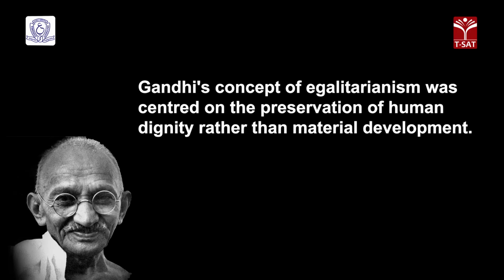By championing homespun khadi clothing and Indian made goods, Gandhiji sought to incorporate peaceful civil resistance as a means of promoting national self-sufficiency. Gandhiji's concept of egalitarianism was centered on the preservation of human dignity rather than material development.